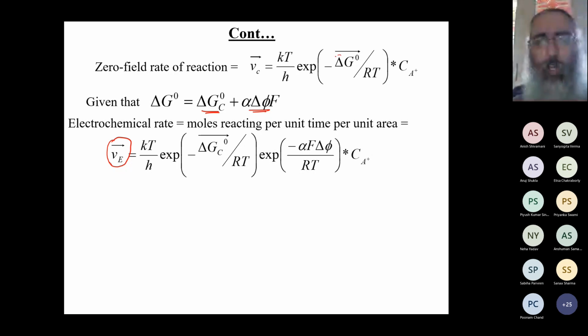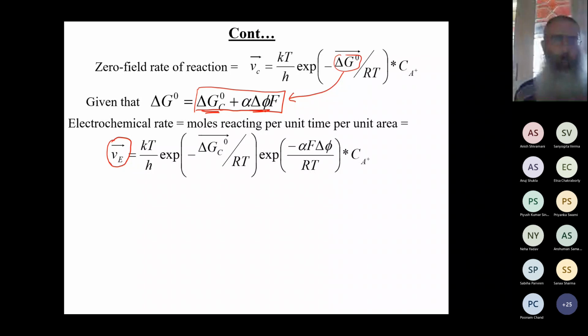Instead of delta G naught here, I'm going to replace it by delta G naught C by RT minus alpha F delta phi by RT, into CA star. All I'm doing is replacing this with the summation of chemical plus electrical contribution, and that now signifies the electrochemical rate.